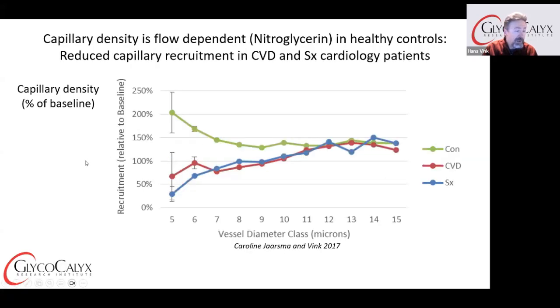Similarly, this is in a cardiology study with patients with chest pain, angina, in response to nitroglycerin under the tongue. And so when you spray nitroglycerin in a healthy control, blood flow goes up and more capillaries are blood perfused.